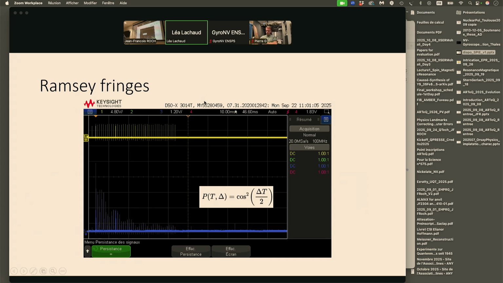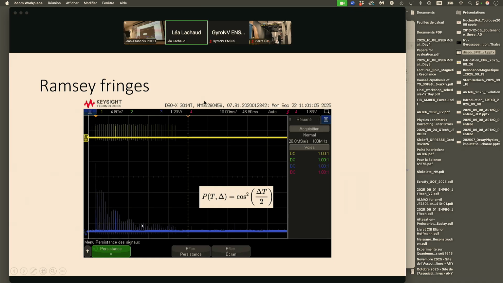Sorry. You made the distinction, right, Jean-François, between the T2 star, which is affected by the inhomogeneity, and the T2, which is not. No, this is T2 star. Okay, continue. But the T2 star is the one with the inhomogeneity, right?